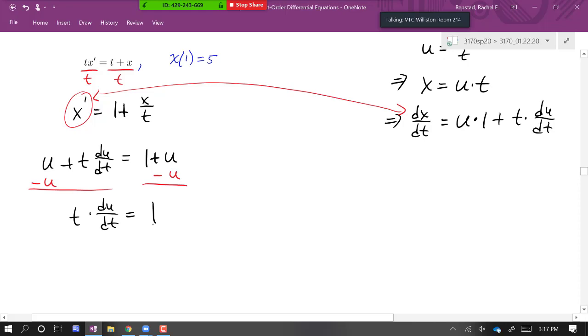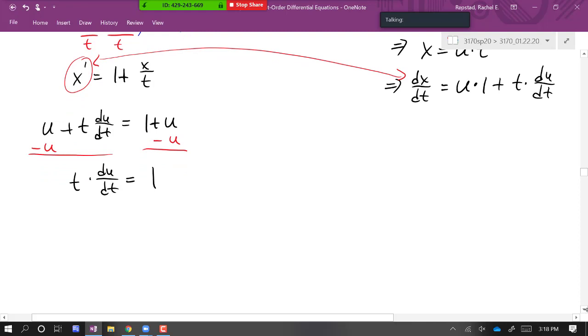Can we separate the variables here? Could h of x be 1 and g of t be 1?